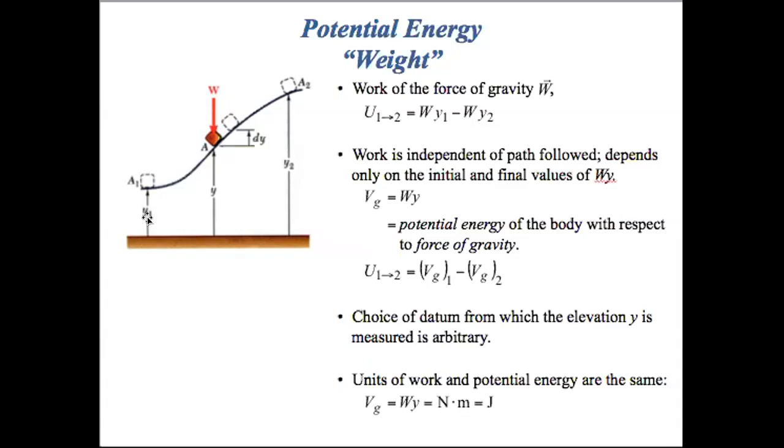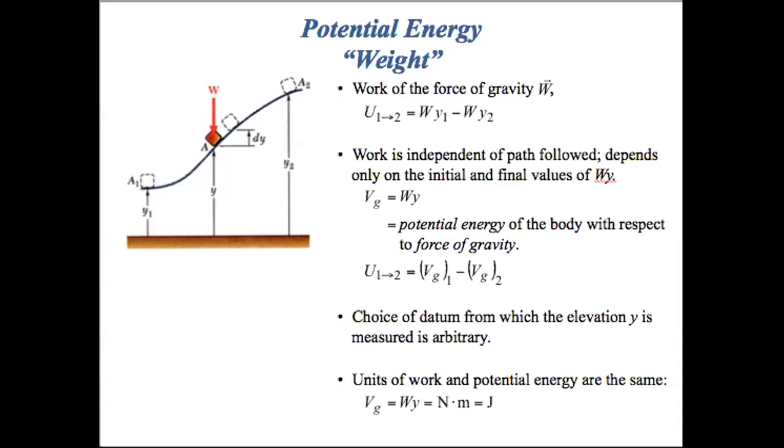Look at object A. If the weight is the only force applied to this object and object A moves from y1 to y2, the potential energy of the body with respect to the force of gravity is equal to W times (y2 minus y1). I choose position 1 as a datum.